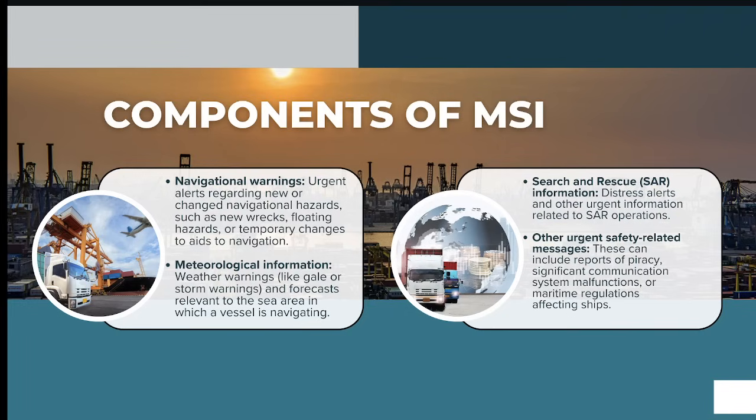This is about the weather conditions. It includes the wind, visibility, and sea states that are often provided by the National Meteorological Services within the designated areas, or what we call the METAREAs.